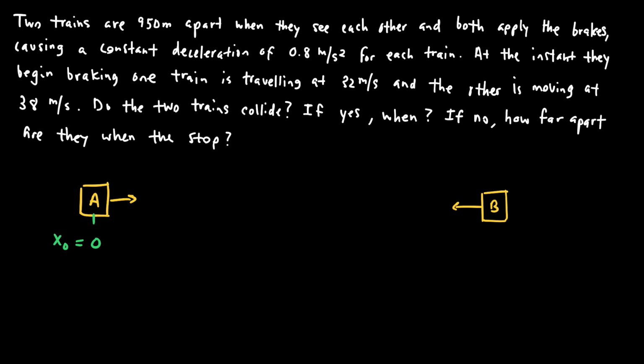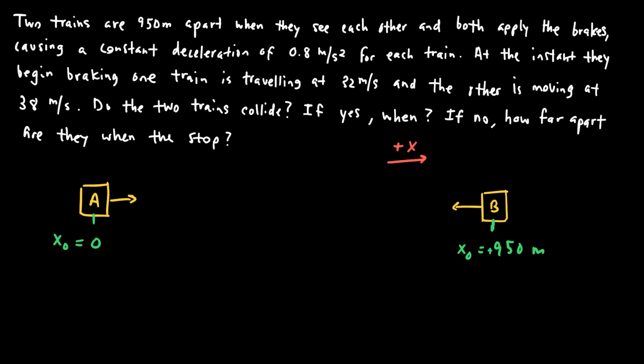I can say that train A is at 0 as long as I say that train B has an initial position of 950 meters. And so what I've just said, if I'm calling the initial position of train B positive 950 meters, is I'm declaring that the positive x direction is to the right. So I've defined my coordinate system.